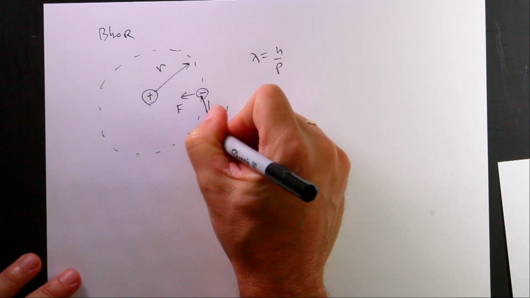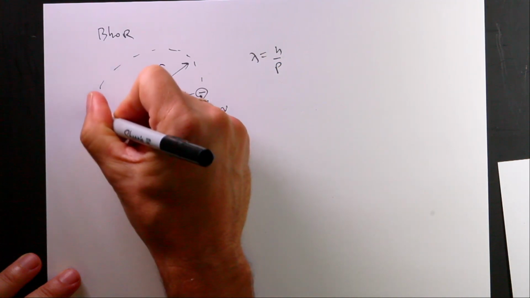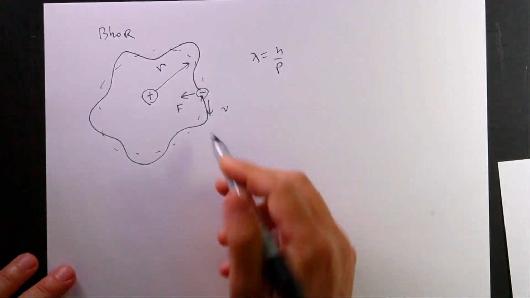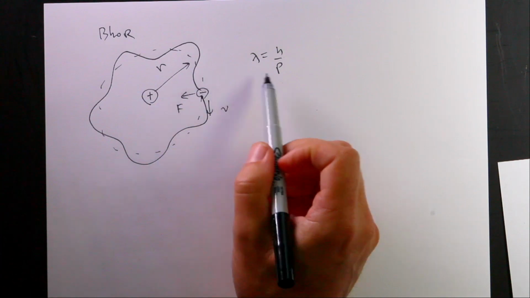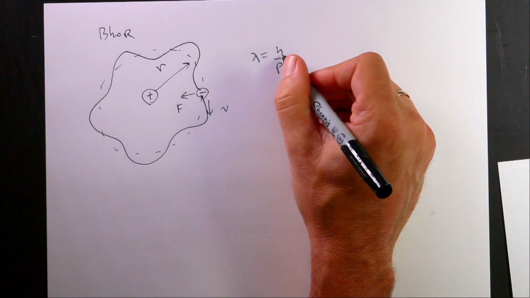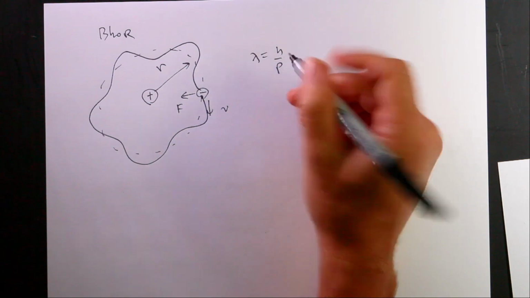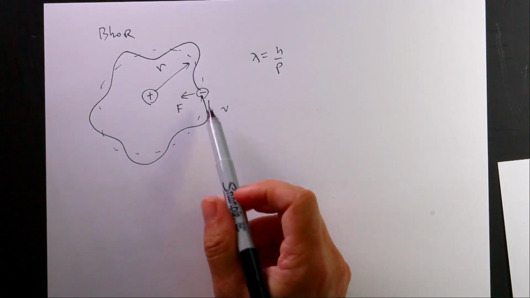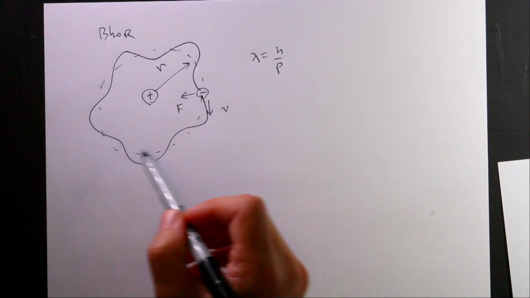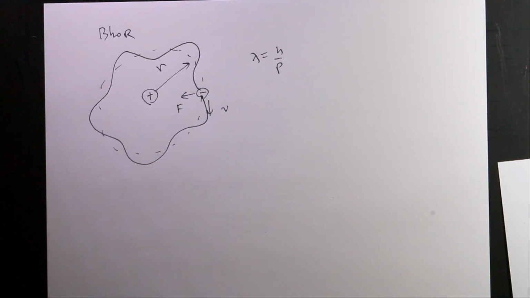It's kind of hard to draw. If that wavelength depends on two things, Planck's constant, h, and the momentum, then you can only have an orbit if this has a complete number of wavelengths on there. And I'm going to talk about wavelengths in just a second.